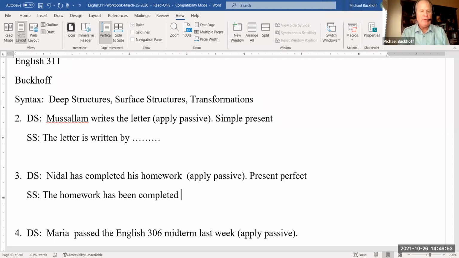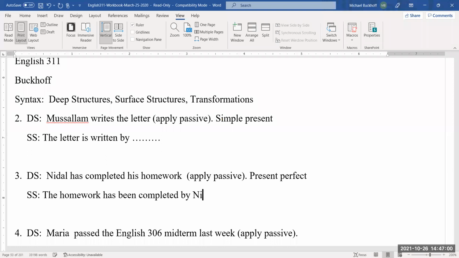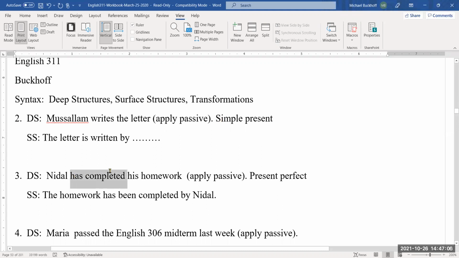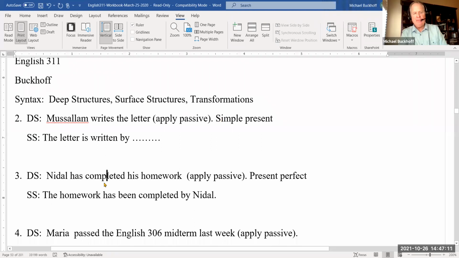And then what do we do? Completed. Oh, I'm sorry. Finito. Good. So we got it. Now, the main thing is we have to maintain the verb tense. We said has completed. We have has been completed. We have the present perfect tense in both cases.